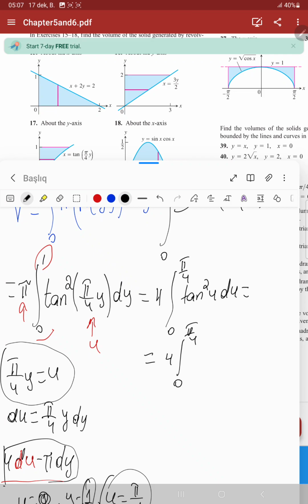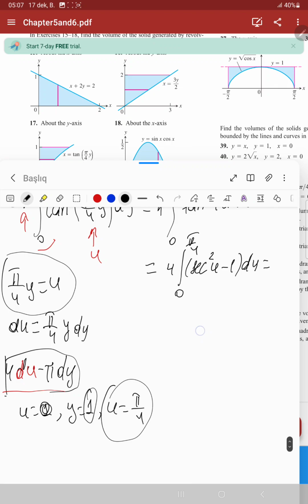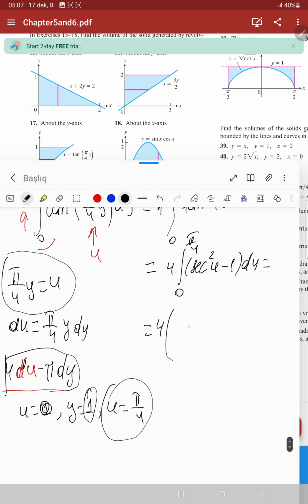Let's write instead of tangent squared u, secant squared u minus 1, du. So 4 times the integral of secant squared u, which is tangent u, minus the integral of 1, which is u, from 0 to pi over 4.